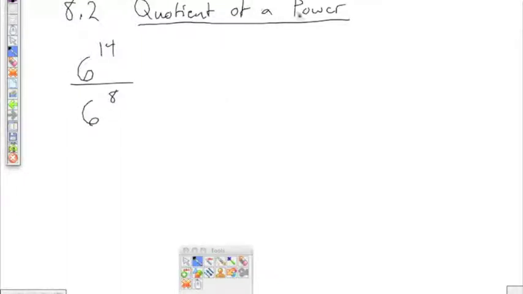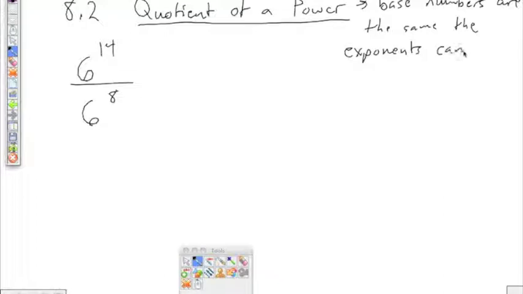What the quotient of a power tells us is that if our base numbers are the same, the exponents can be subtracted.